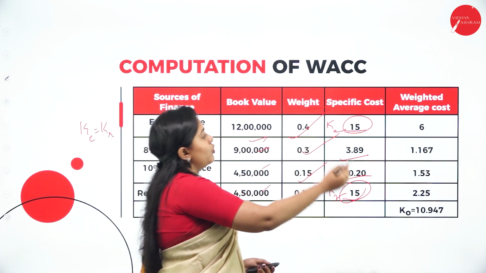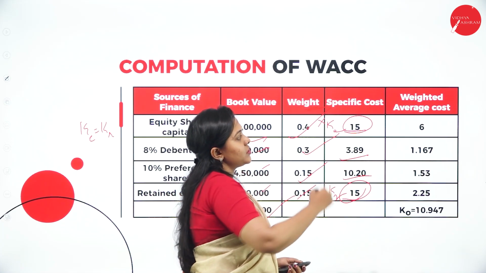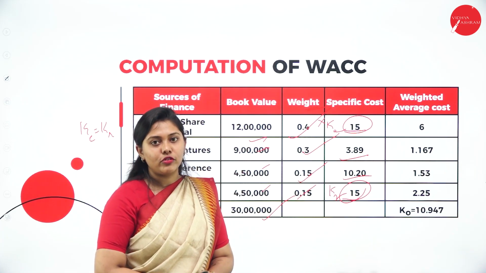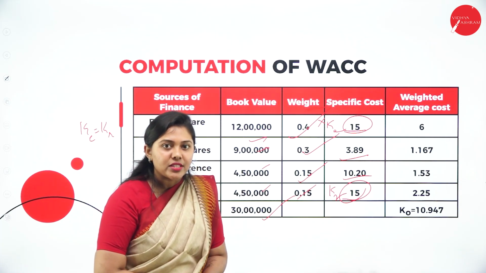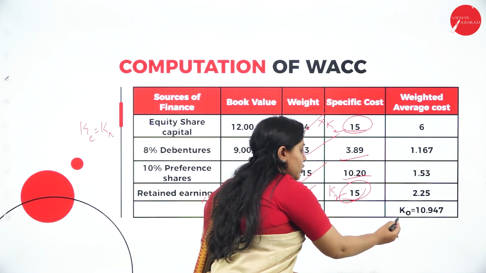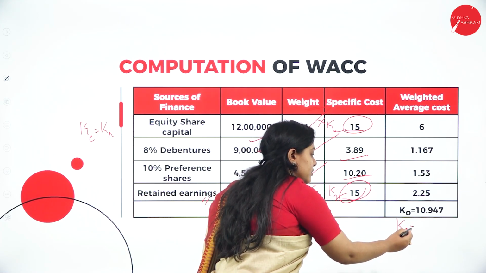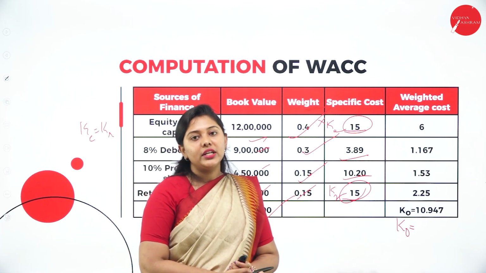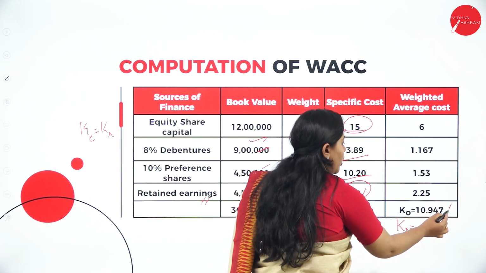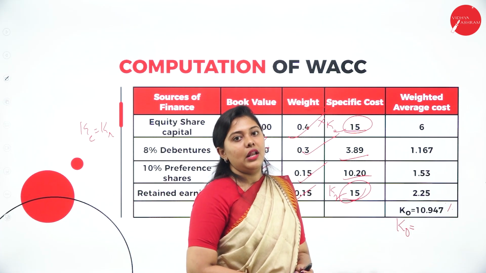Then if you multiply weight into specific cost, you will get your weighted average cost. If you total that entire specific cost, the overall cost of capital will be 10.94%. So this is what the answer is all about.